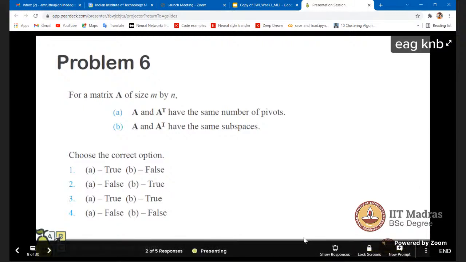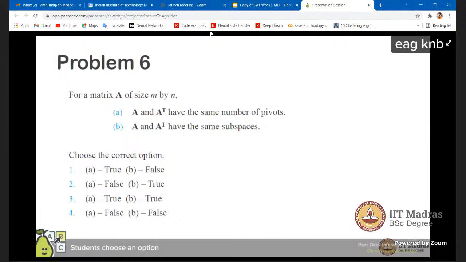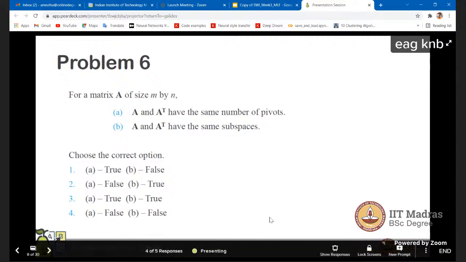Okay. So I got two responses. I'll give some 2 more minutes. So I think others can kindly give you a response. Okay, 4 responses.